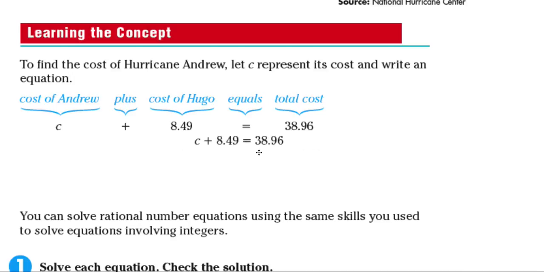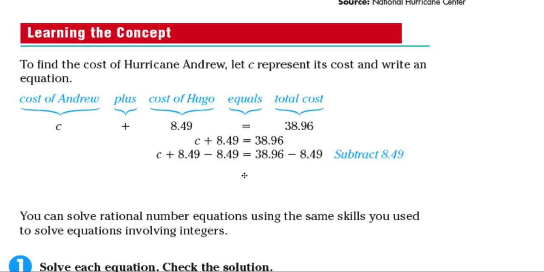So to solve this, we have C plus 8.49 equals 38.96, and just like any one-step equation, we want to isolate C on the left side of the equation. So we need to undo 8.49. If we undo 8.49, that means we need to subtract 8.49 from both sides of our equation.